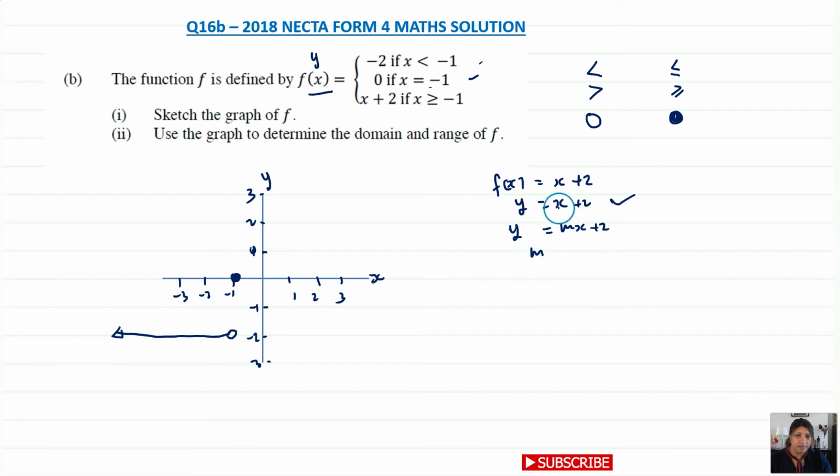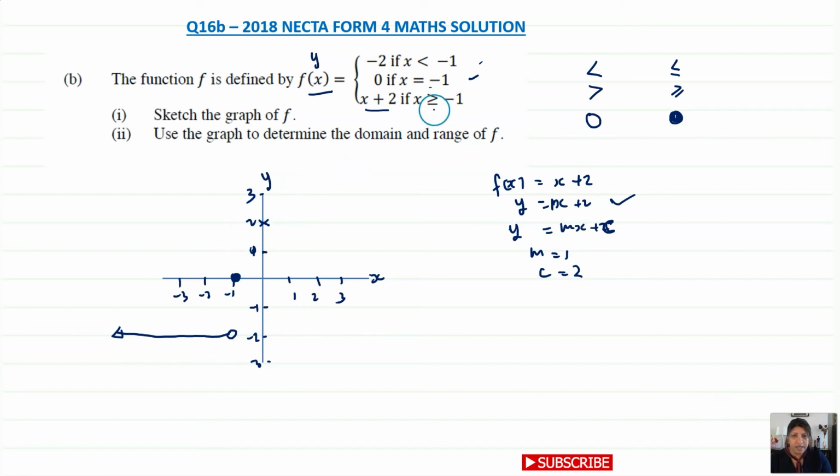It's the gradient. What's the gradient from our function, x plus 2? It's 1, there's a 1 there, we don't write it. So m is equal to 1. And this is c. What is the value of c? c is equal to 2. And what is c again? It's the y-intercept. So when y is equal to 2, we just make a point there.